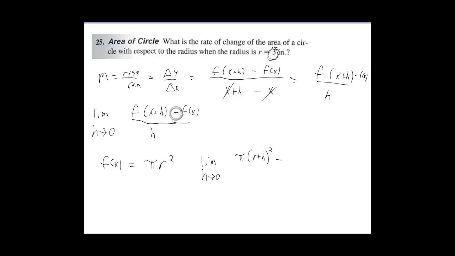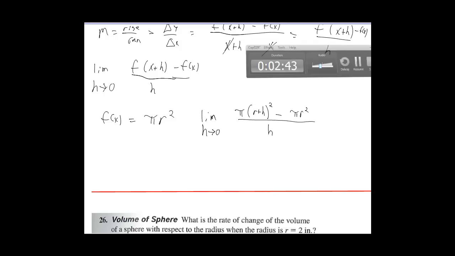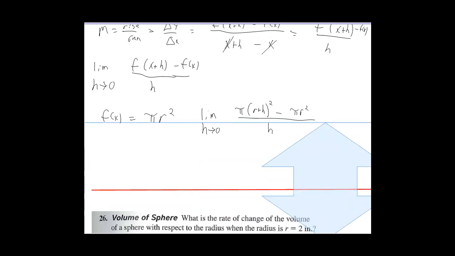Minus f of x, so minus pi r squared, all over h. Then you just do some algebra to figure that out. So I'm going to give myself a little more room to work here, so let me push this down.